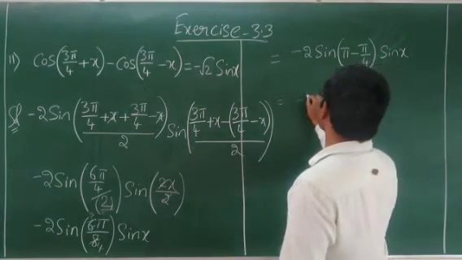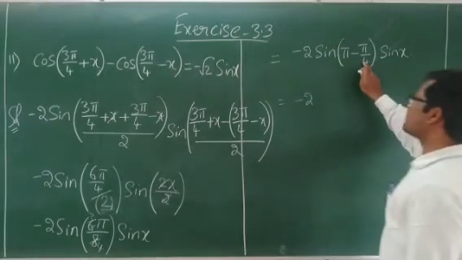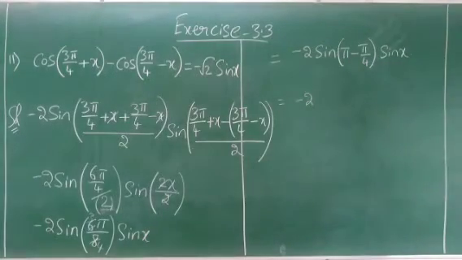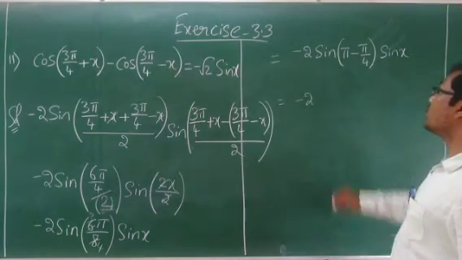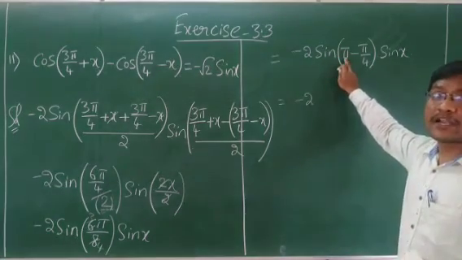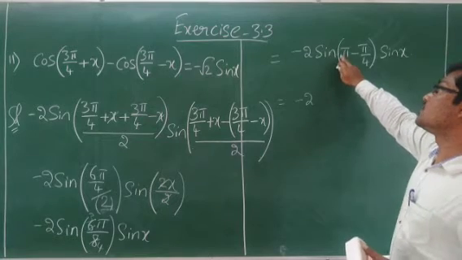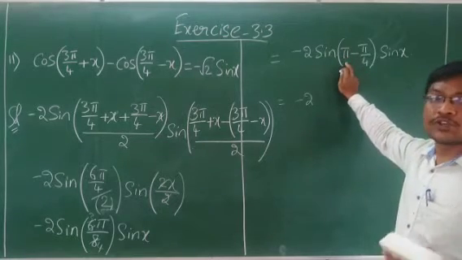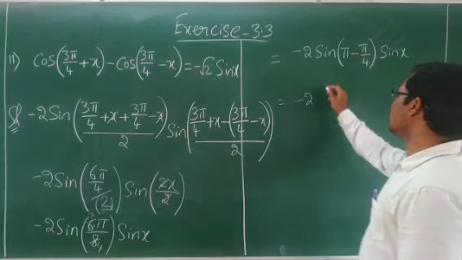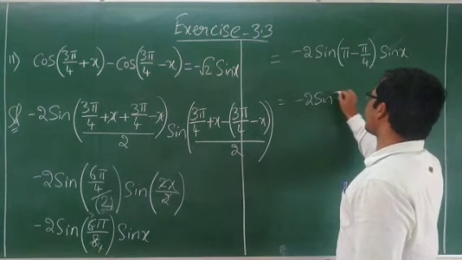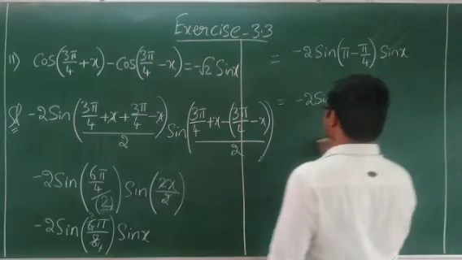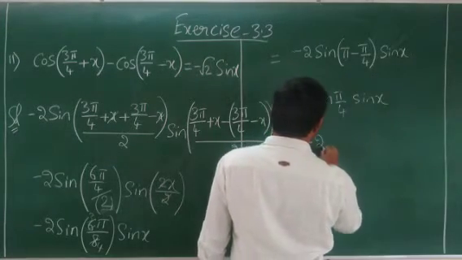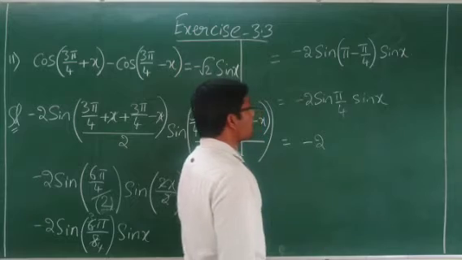So that is equal to minus 2 sin of (pi minus pi by 4). Pi minus pi by 4 is in the second quadrant. In the second quadrant, sine is positive, and this is an even multiple of pi by 2, which means 2 into pi by 2, so sine will remain sine. So sin pi by 4 into sin x, equal to minus 2 sin pi by 4.